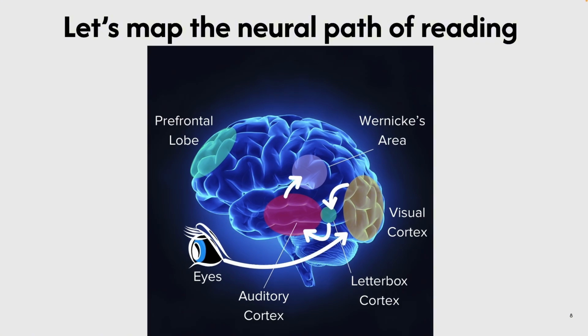So Wernicke's area then passes the signal to the prefrontal lobe, where you think about what you're reading, or in the spoken word, what you've heard. So you're going from visual to auditory to semantic, and then that is the whole reading process. Path complete.